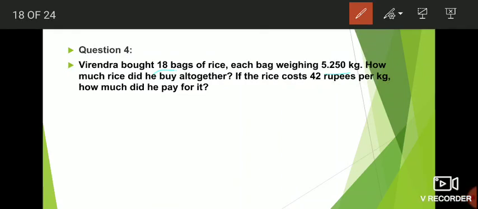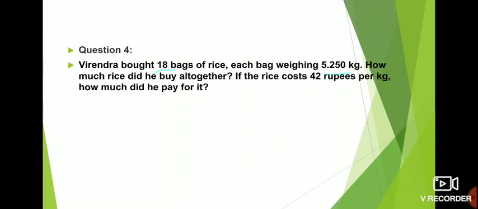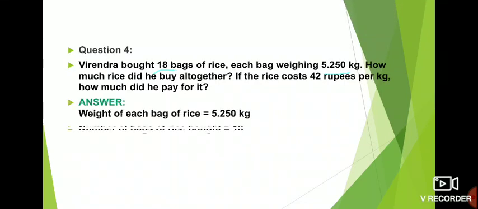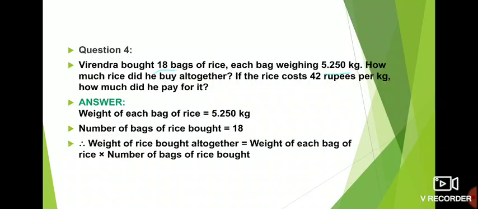Okay, first of all we have to see the total weight of rice. That is, total he bought 18 bags and one bag weight is 5.250. So here for finding the answer we have to do the multiplication, students. That is, weight of rice bought altogether is equal to weight of each bag of rice into number of bags of rice bought.